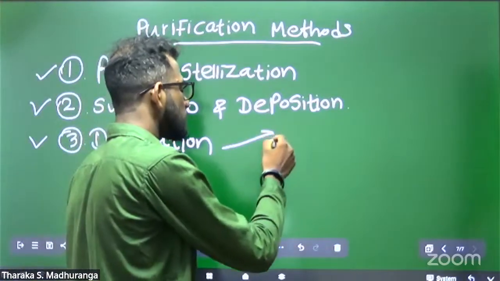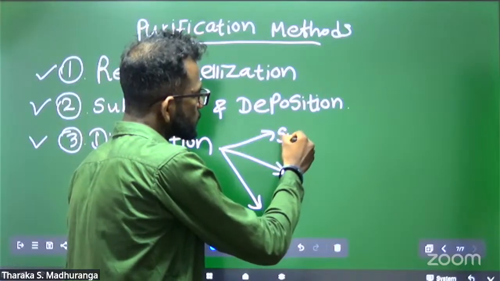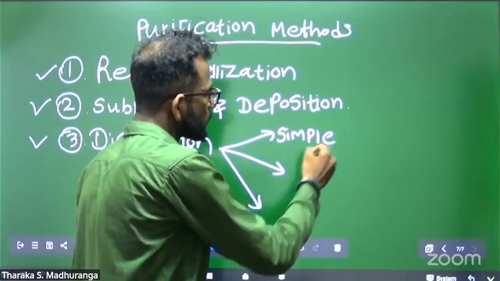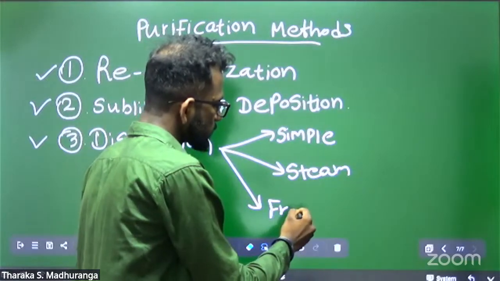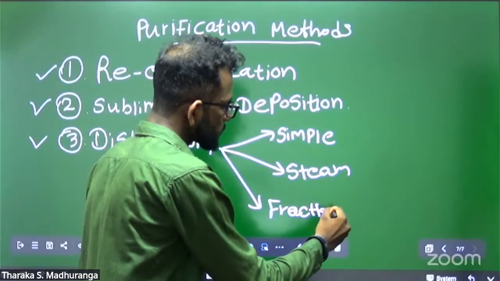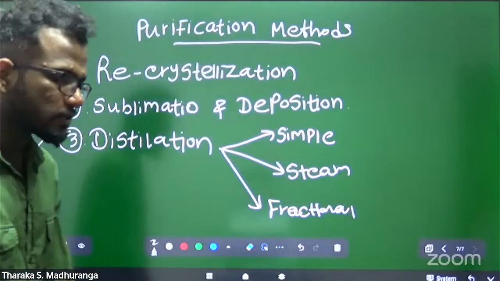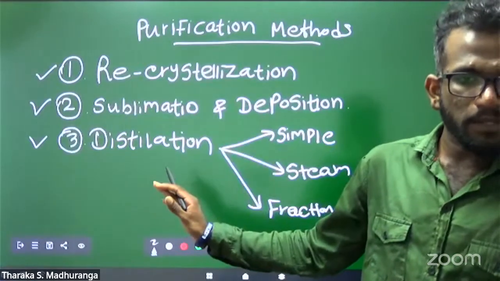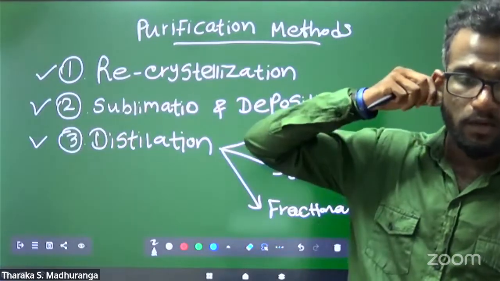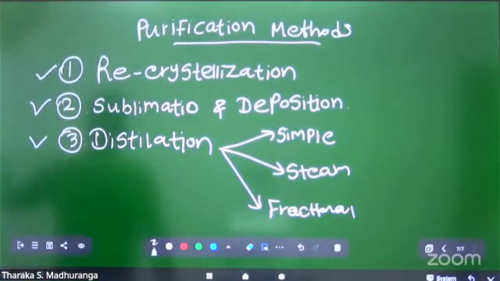Distillation has mainly three types, as we discussed last day: simple distillation, steam distillation, fractional distillation. They are the methods we can use for the purification process. Distillation is a purification method as well as an extraction method.